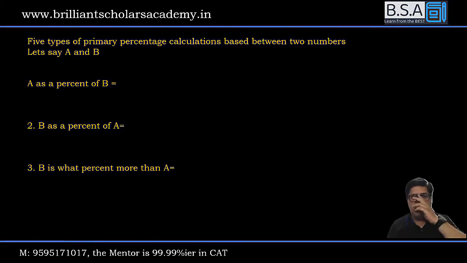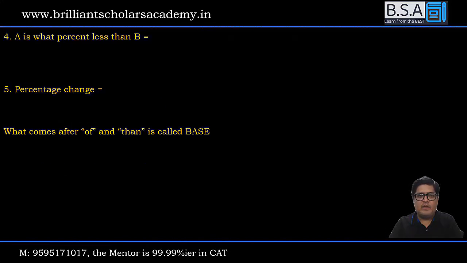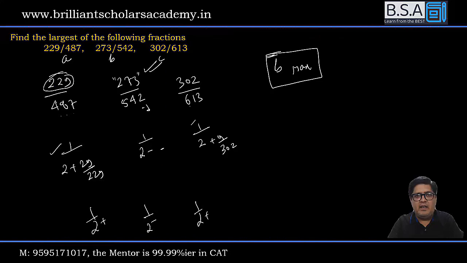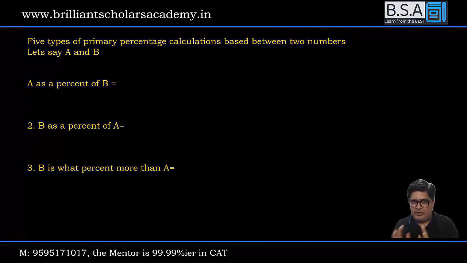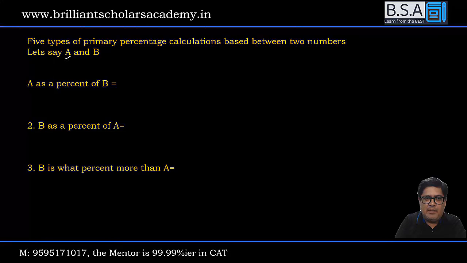Chalo. So percentage is basically a comparison between two numbers, or percentage basically is the ratio. So ratio method I will cover in detail, but when you have two numbers, A and B, what kind of calculations do they ask you to perform?